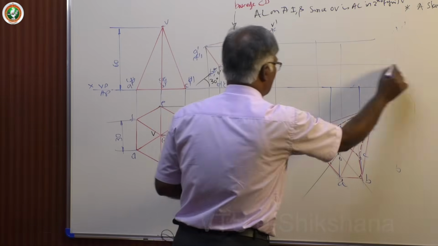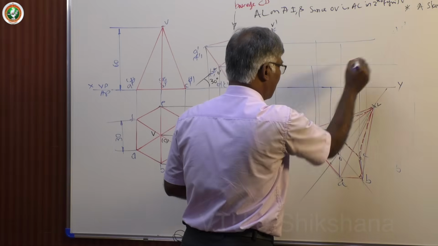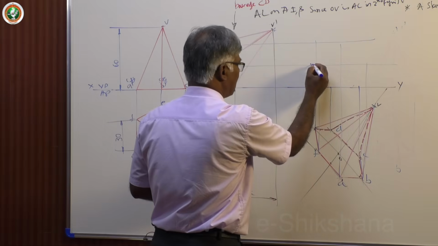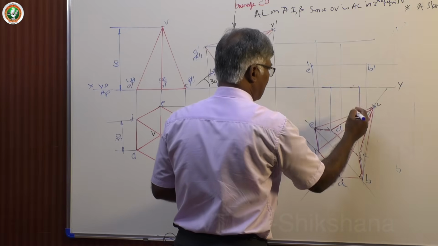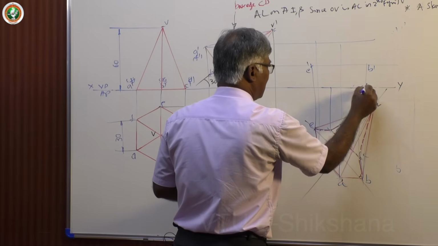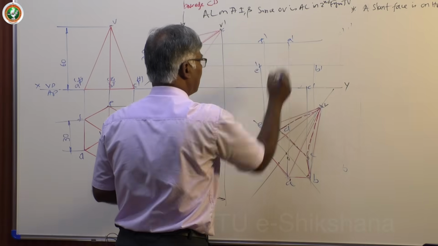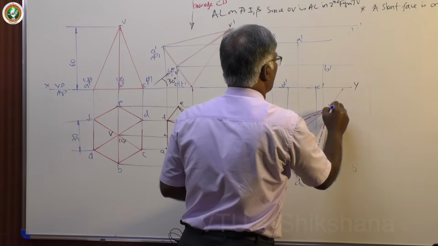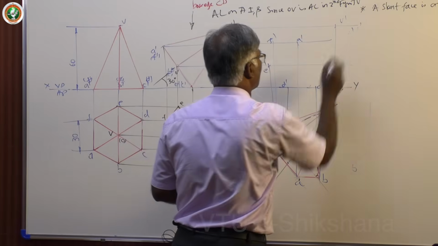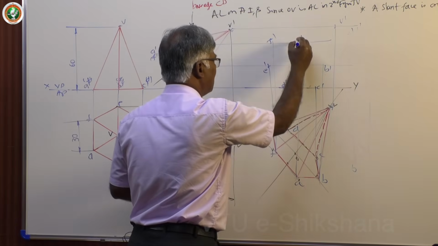The middle one is E and F, B and E, actually B and F. This is E dash, this is B dash, this one is C dash, D dash, F, A, V dash.